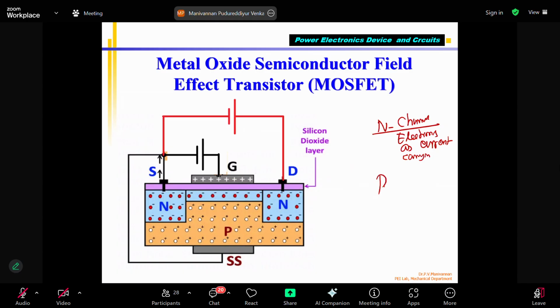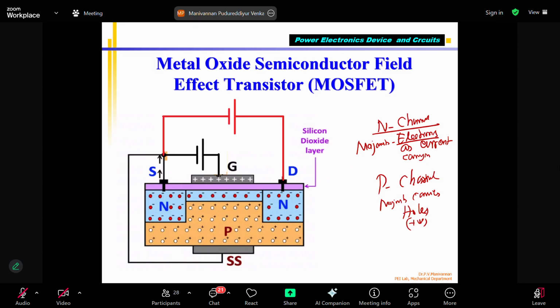And in the case of P channel, whether P channel MOSFET, P channel JFET or PNP transistor, the majority carriers in N material are electrons, which are responsible for current flow. In P material, the majority carriers are holes, which are called positive charges. Both are the same.